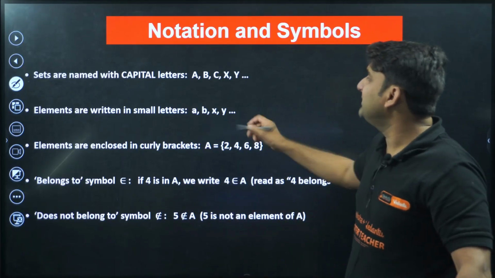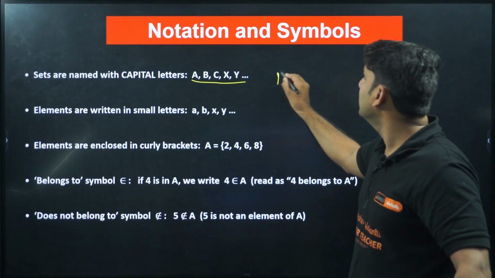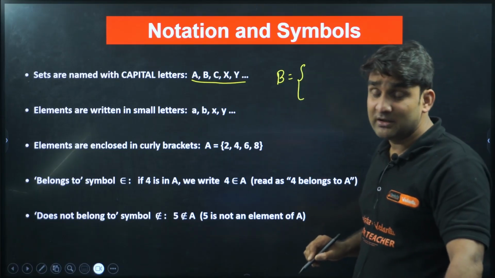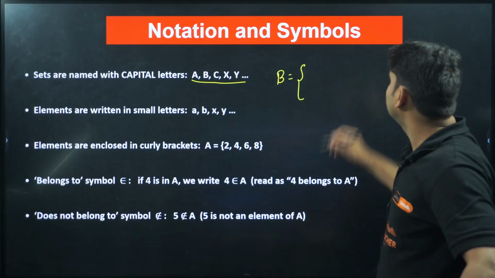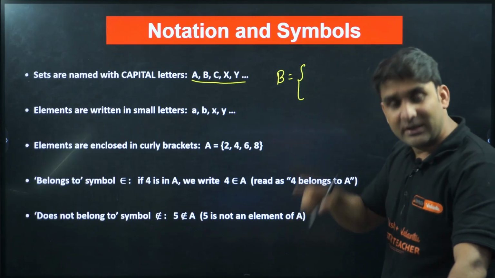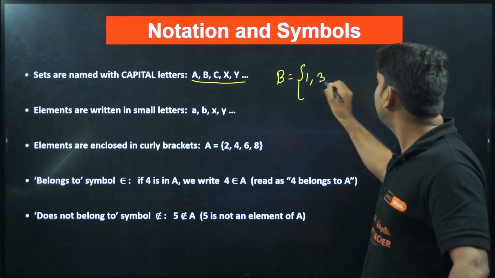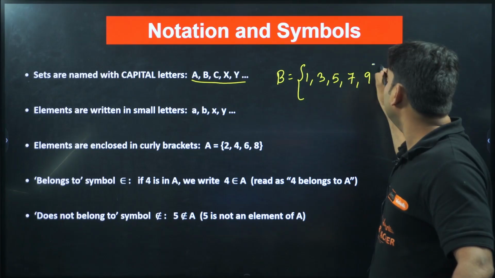Now to write the set, you can take any letter of the alphabet. For example, I'm taking B. The set will look like curly braces, and all the odd numbers less than or equal to 9: 1 is an odd number, 1, 3, 5, 7 and 9 will also come.